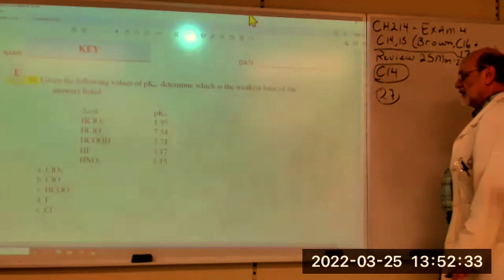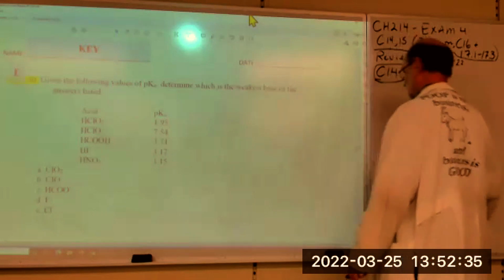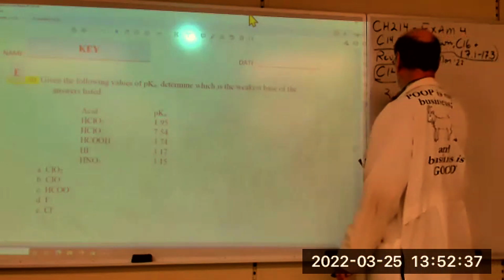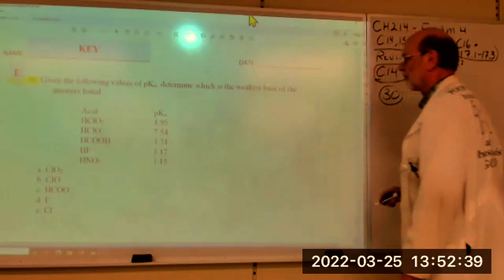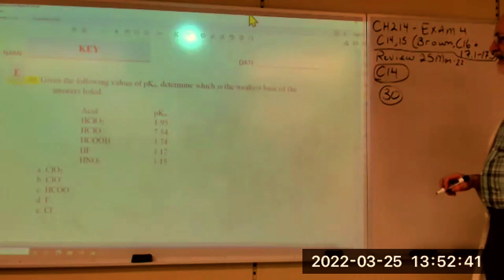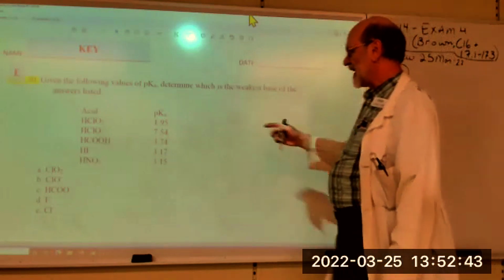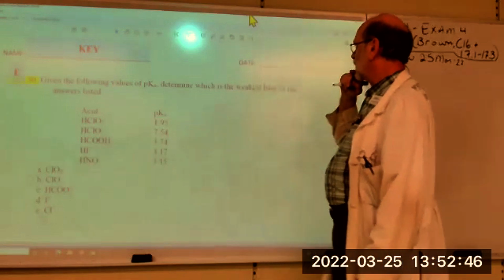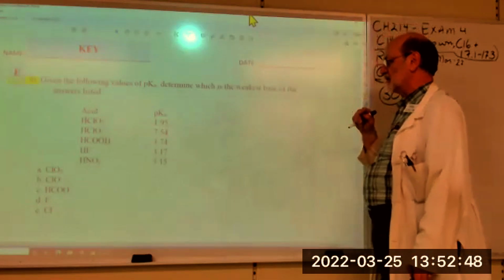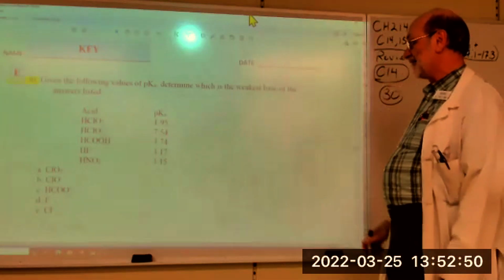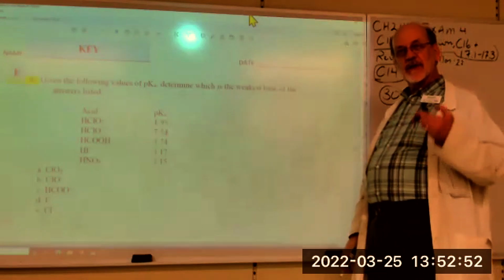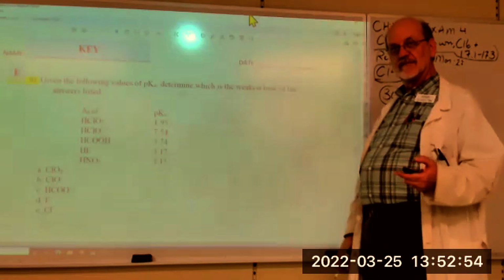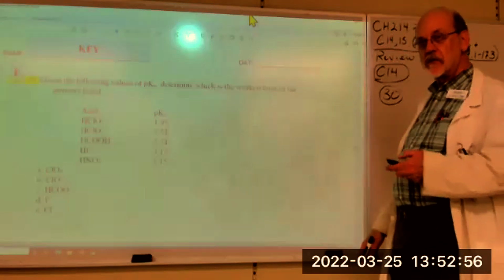How about this one? Let's see what we got going here. Given the following values of pKa for each of these acids, determine which is the weakest base of the answers listed. Okay, so a strong acid makes a weak base. That's what we're looking at.